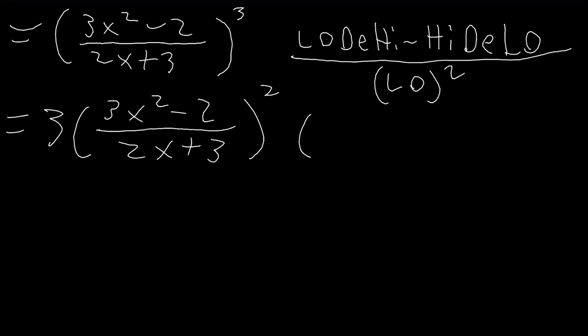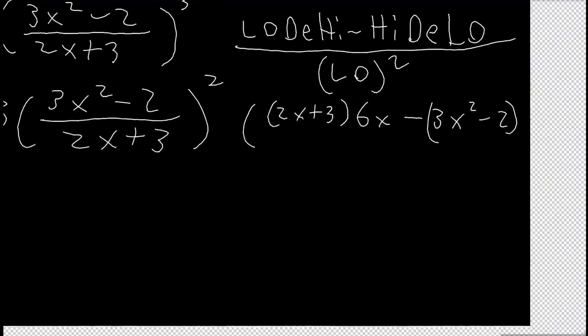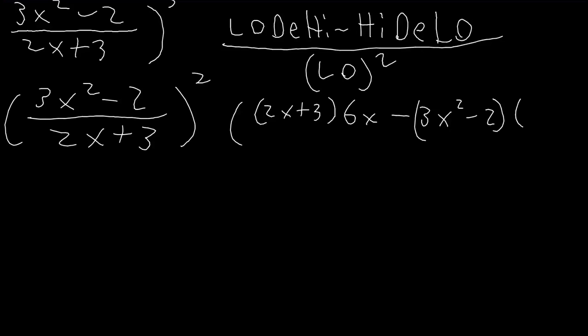So the low function, the denominator, is 2x plus 3. And the derivative of the high is going to be 6x. And then minus our numerator, the high, that's 3x squared minus 2, and then multiplied by the derivative of the low, the denominator, which is just going to be 2.